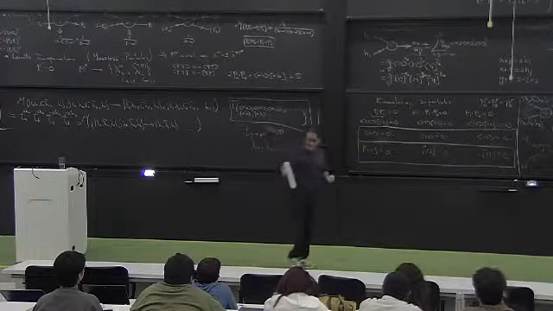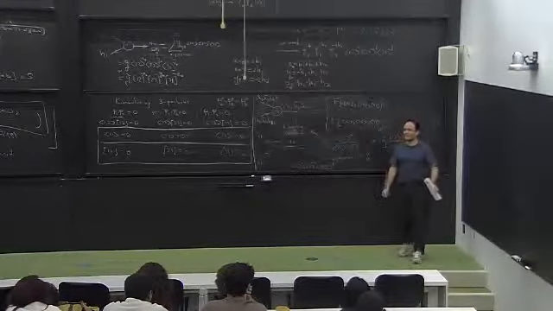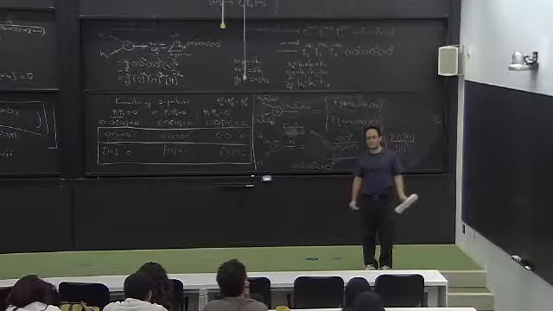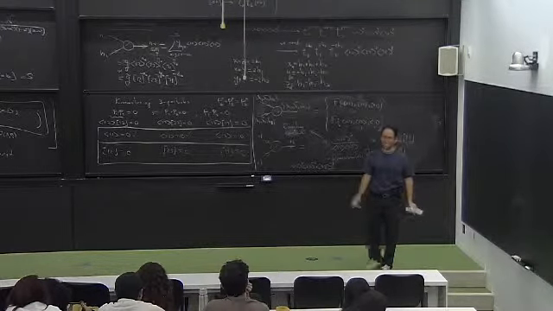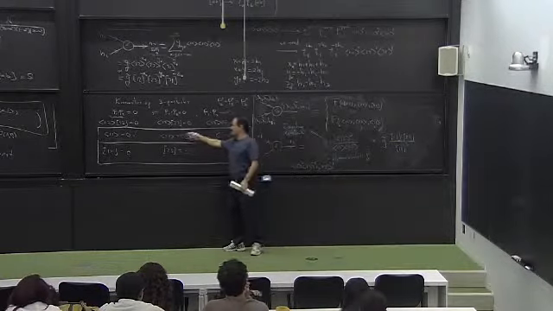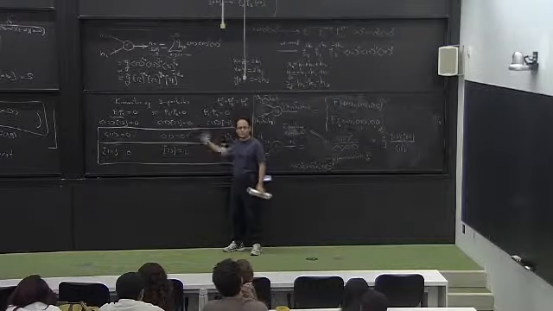Well, that's very interesting. One of the 2 solutions gives me the right answer, and the other one does something completely crazy. What is the right answer that I should get? 0. That's right. Because for real momenta, I don't have 2 solutions. I only have 1 solution, which is everybody equals to 0.